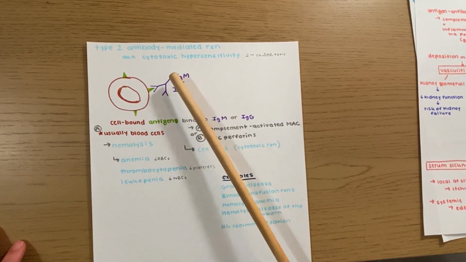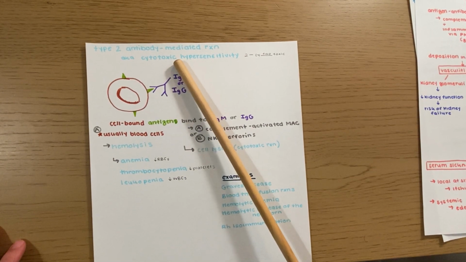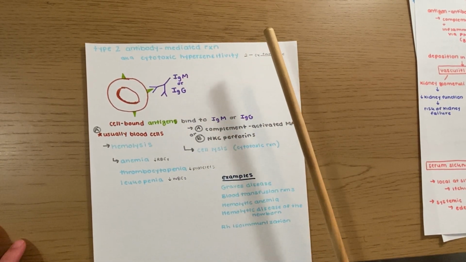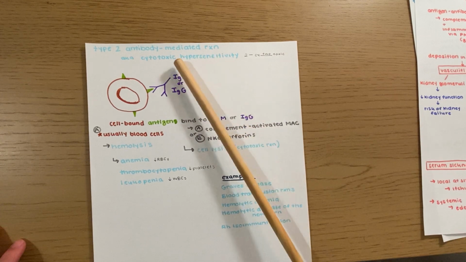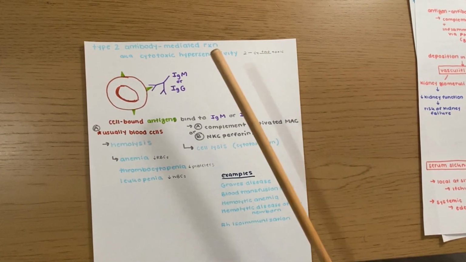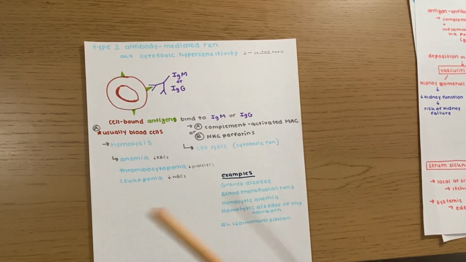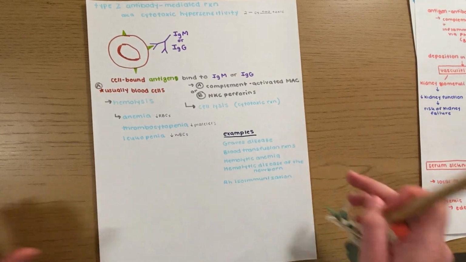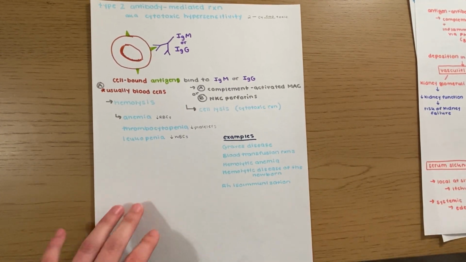And just know that even though it's called cytotoxic, it's just referring to the fact that it kills cells. It does not involve cytotoxic T cells. Type 4 involves cytotoxic T cells, but no T cells are involved in type 2 or any of the other ones besides type 4.